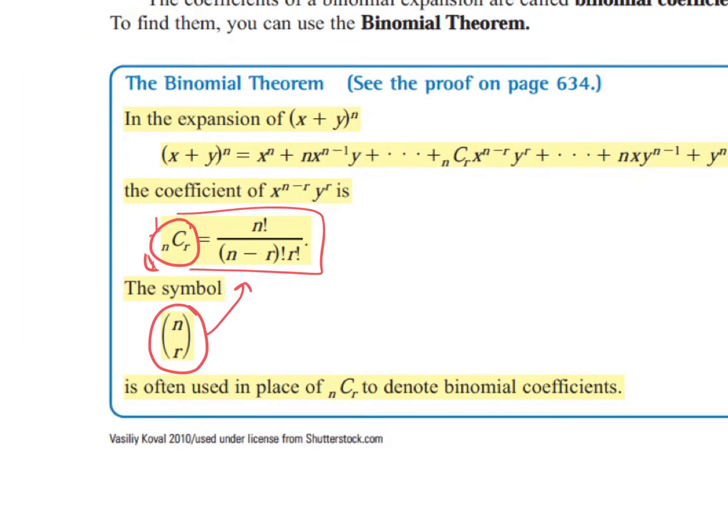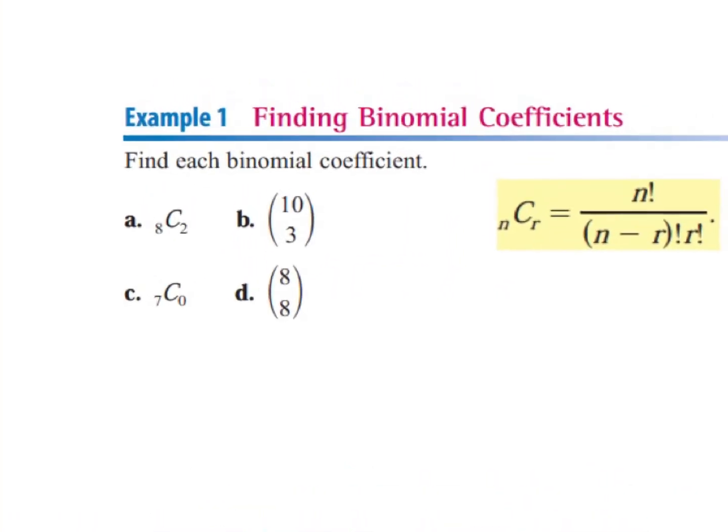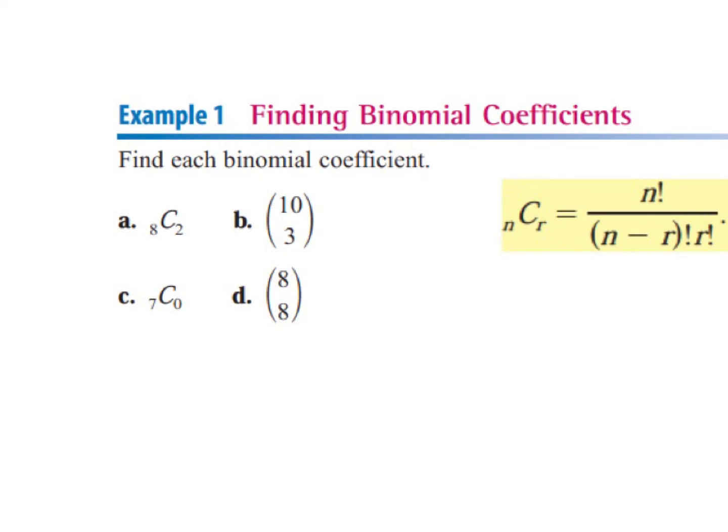So let's do some examples. Let's look at example A. So we have 8C2. Which one is n? 8. So this one's n. 2 is our r. So we just take 8 and 2 and plug it into our formula over here.